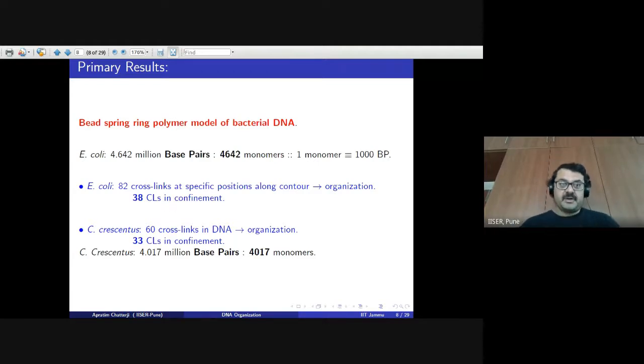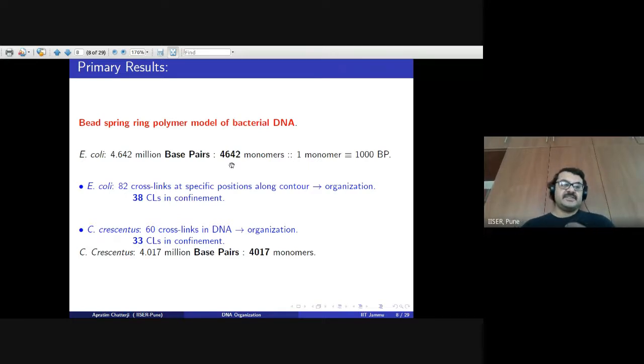So before going on to the calculations, I want you to take this message. E. coli, which has 4.6 million base pairs, we modeled by 4642 monomers along a ring polymer, so that each monomer represents 1000 base pairs. And we saw that if we just do a Monte Carlo simulation without any boundaries, then 82 crosslinks out of 4642 at very specific positions along the contour leads to organization.